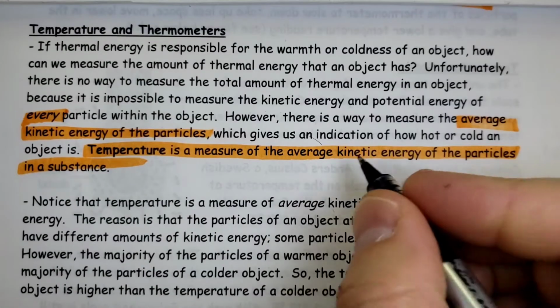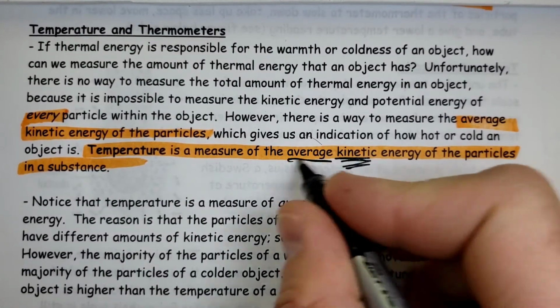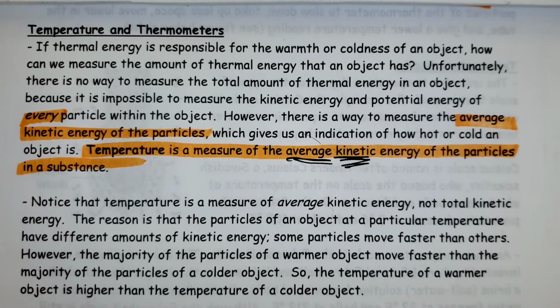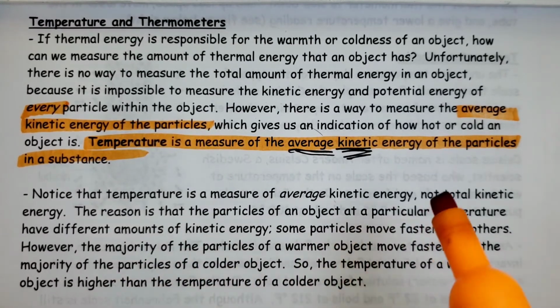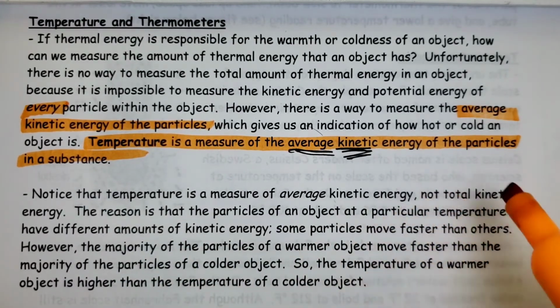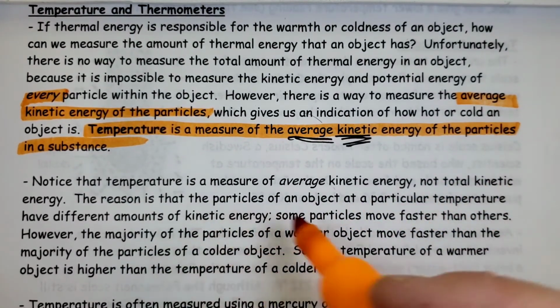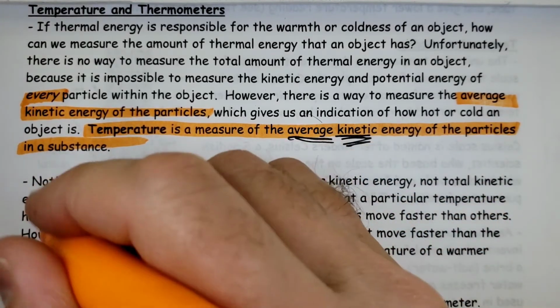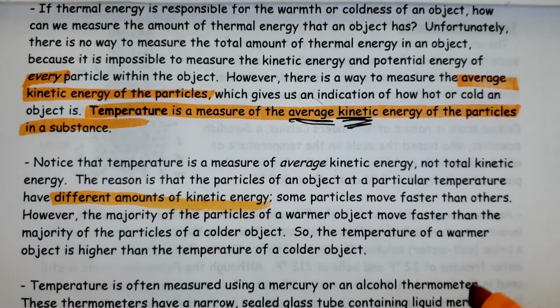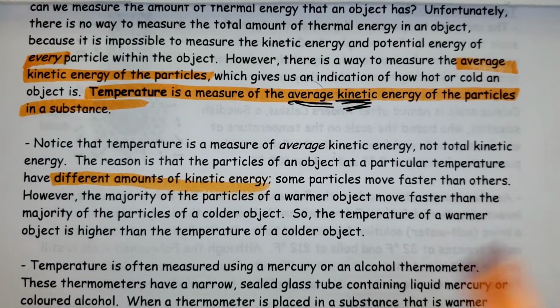So let's highlight that, maybe underline that. Kinetic, and of course average, because different molecules are doing different things, but on average, how fast are they moving? Notice that temperature is a measure of average kinetic energy, not total. The reason is that particles in an object have different amounts of kinetic energy. Some are moving slightly faster than others.